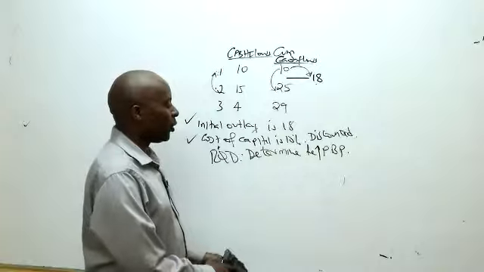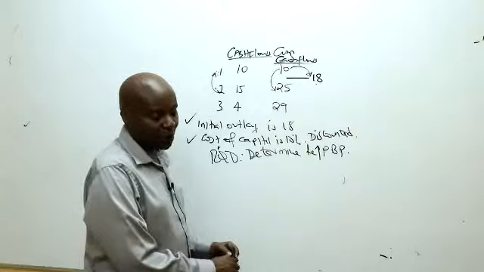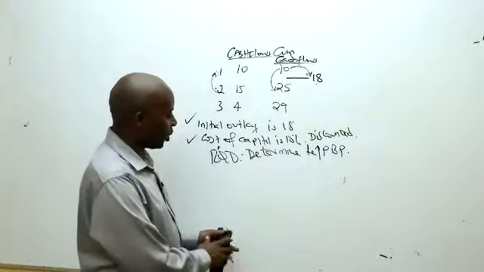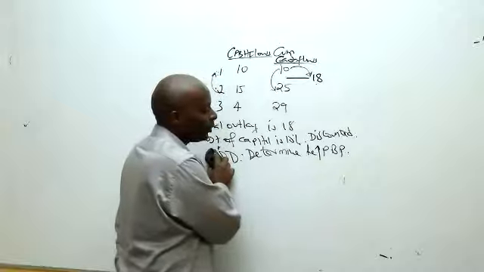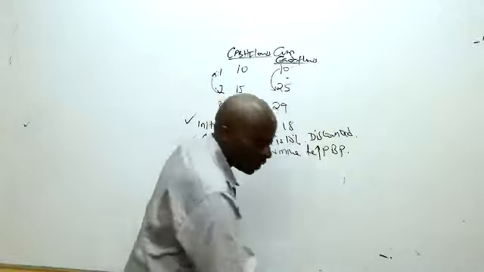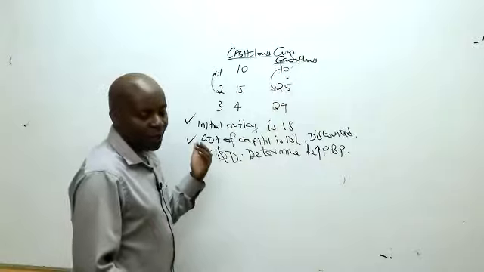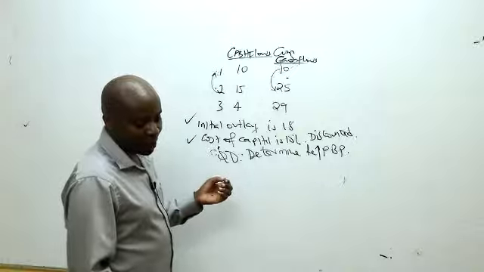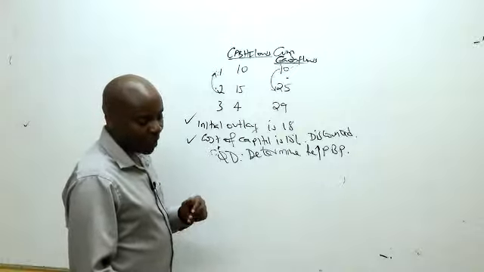So then how do we get this discounted payback period? Ladies and gentlemen, this will be quite a simple thing to do. What you need to do is to come and give us the discounting factors. You discount the cash flows. Any question? Discount the cash flows.